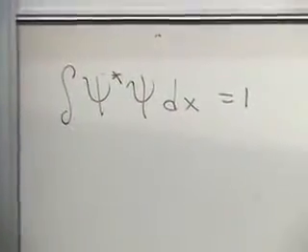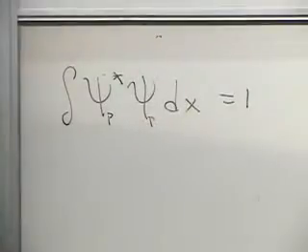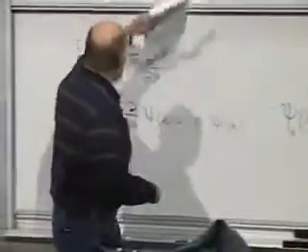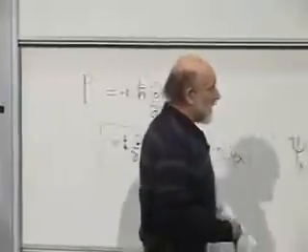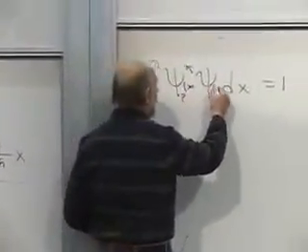This is for momentum eigenfunctions, psi sub p for the same eigenvalue. In other words, equivalently, let's require that the total probability for finding the particle anywhere on this circle adds up to 1. It's just a statement.